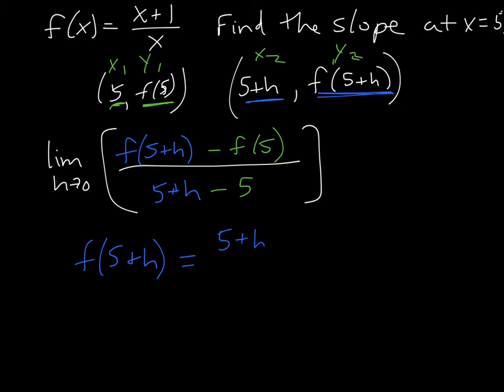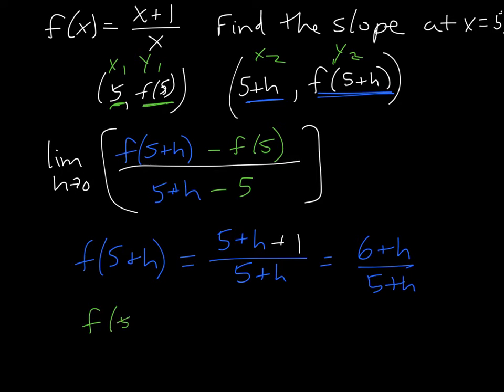So I've got 5 plus h, and then I've got a plus 1. That was part of my original function, all over 5 plus h. I'm going to see if I can simplify, and the only thing it looks like I could do here is I can go ahead and make that 6 plus h over 5 plus h. Gotta love the fractions. f of 5 is the other thing I'm going to figure out.